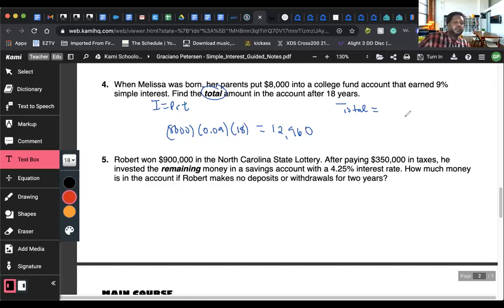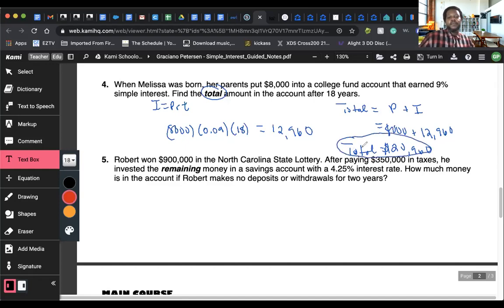Perfect. Remember to find the total, you always take the principal and you add it to the interest, right? So that means you have to take that 8,000 and add it to what you earned in interest, the 12,960, and your total is 20,960. Perfect. Don't forget that when it says total, you've still got one more step. Okay. Good work.